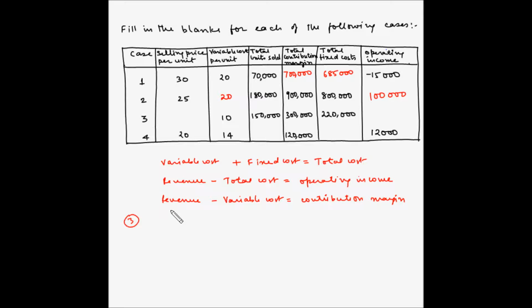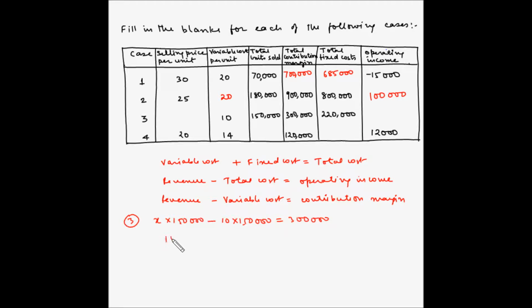So revenue, let's say the selling price per unit is X. So X multiplied by the total units sold will be the total revenue. So 150,000 X minus the variable cost, which is 10 multiplied by 150,000, is equal to the total contribution margin, which is 300,000.